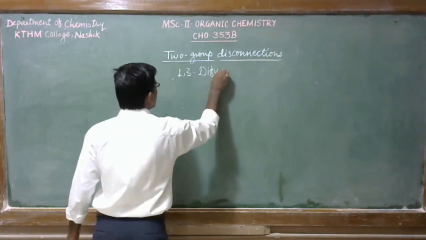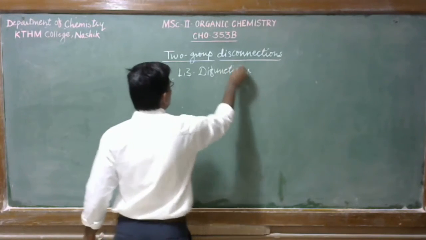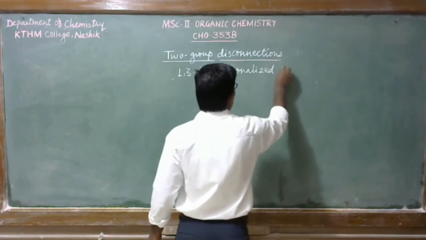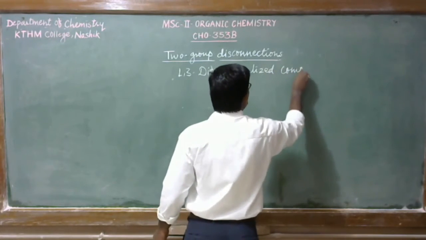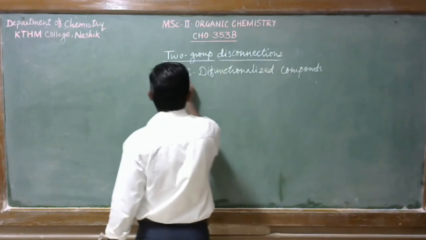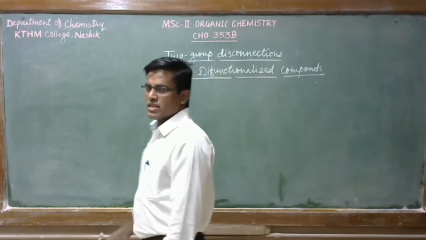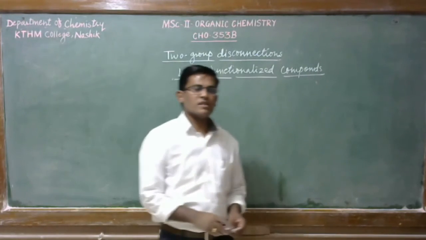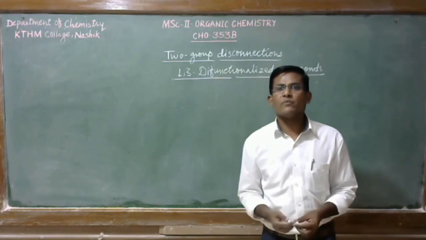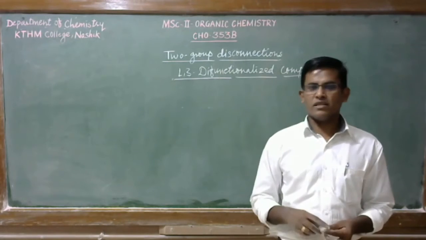In the aldol reaction, carbonyl compounds get converted into aldol, that is beta hydroxy ketone.